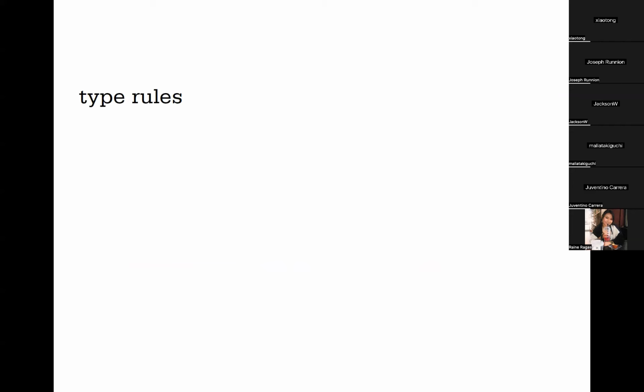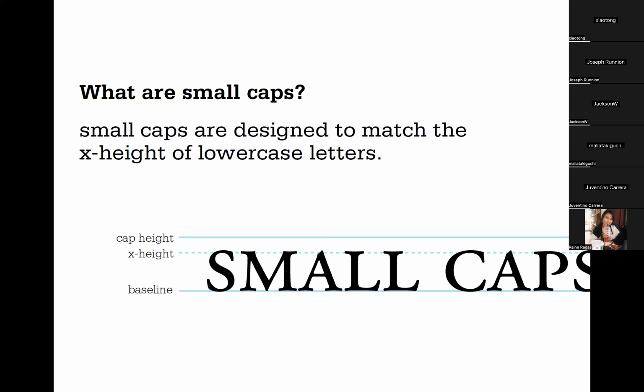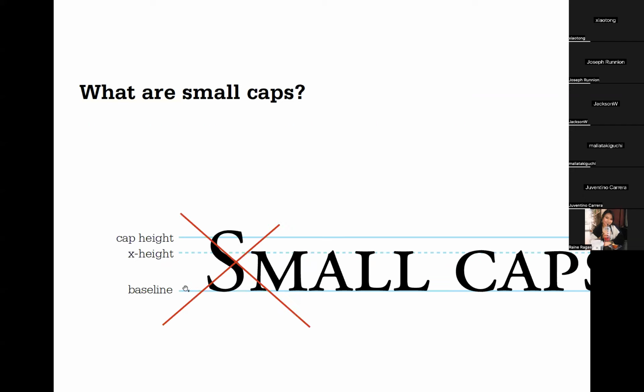So let's look at type rules. Small caps are designed to match the x-height of lowercase letters. Small caps work on the x-height, just like lowercase letters. They are not uppercase letters shrunk down.